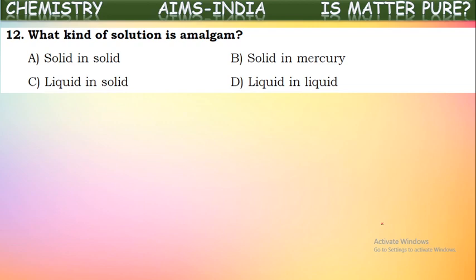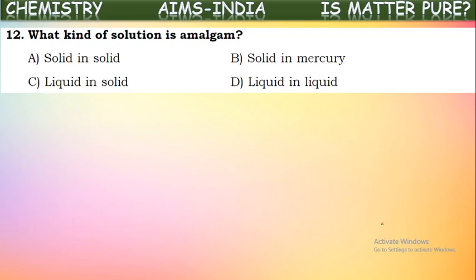For example, if gold is dissolved into mercury, it forms a homogeneous solution called gold amalgam. If silver is dissolved into mercury, that forms an amalgam called silver amalgam. Generally, these amalgams are mixtures of mercury with some other metals. So we can say metals in mercury.